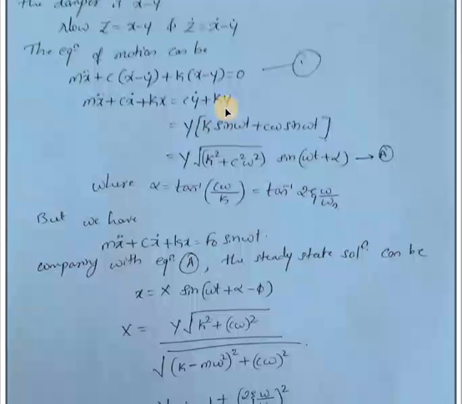Substituting y as Y sine omega t and y dot as Y into omega into cos of omega t, and taking Y as common, we get k into sine of omega t plus c omega into cos of omega t. This can be rewritten as Y into root of k square plus c square omega square into sine of omega t plus alpha, where alpha is tan inverse of c omega by k.